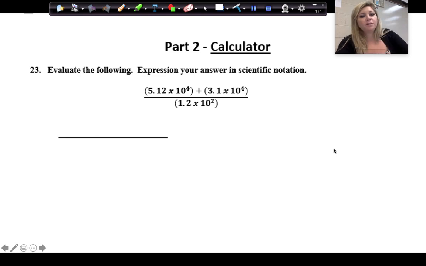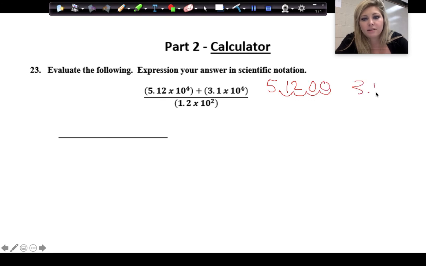Evaluate the following expression. Express your answer in scientific notation. Okay, so first we need to change these to standard form. Times 10 to the 4th power means we are moving this decimal 4 times and annexing zeros, and the same with 3.1, 1, 2, 3, 4.